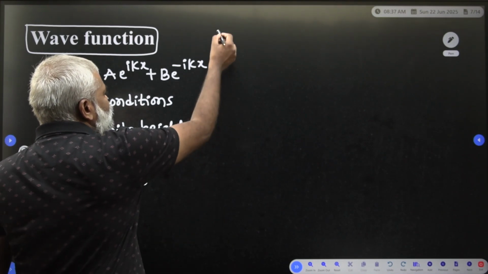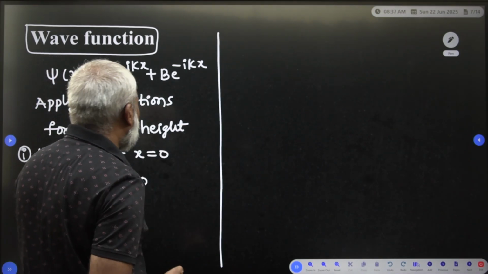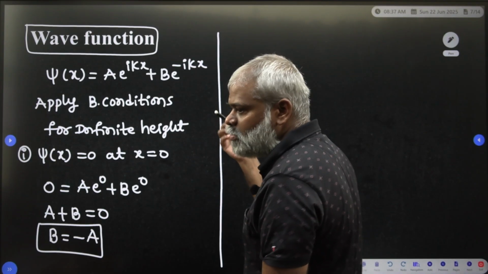Now you have to substitute B = −A in the above expression.